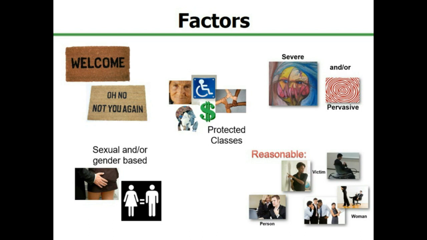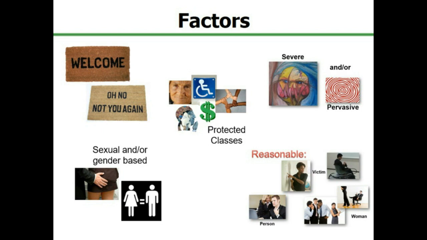So it changes. Pervasive: is it pervasive within a department? Is it pervasive on the individual? Is it pervasive within the organization? So I would encourage you, if you are going to be doing an investigation, to read up on some of the case law about what is severe and or pervasive.